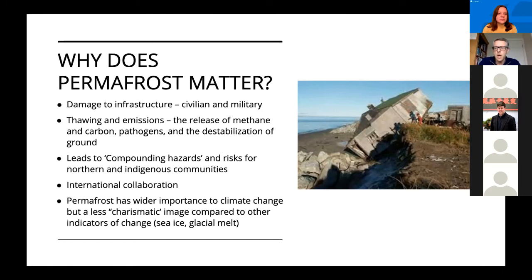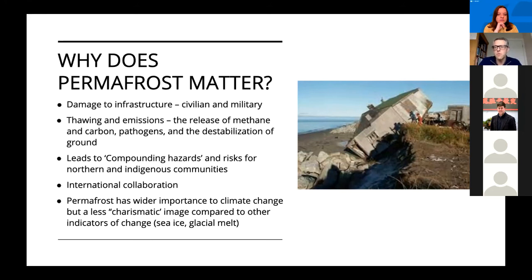One of the reasons permafrost is so incredibly important is that when it does thaw, collapse and disintegrate, it has profound implications, not only, as we heard earlier, in terms of methane emissions, the release of pathogens and the destabilization of ground, but also for infrastructure.